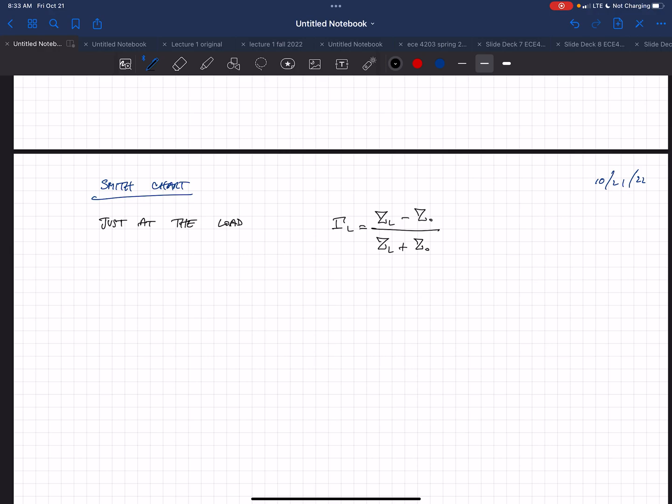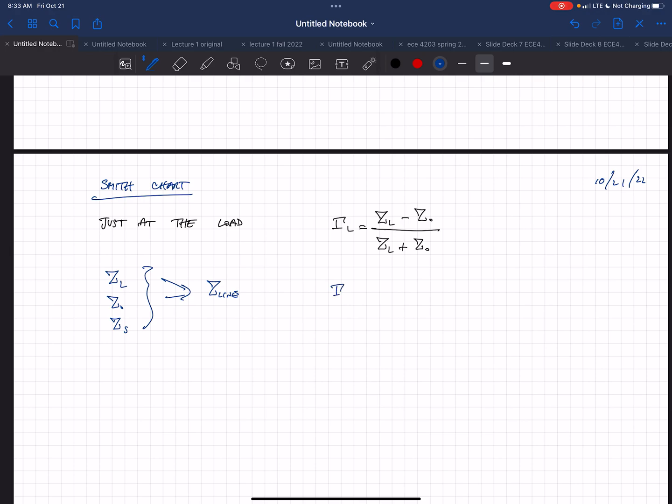So we went from z sub L, z sub 0, z sub source, and then came up with z line, meaning anywhere along the line we could do it.